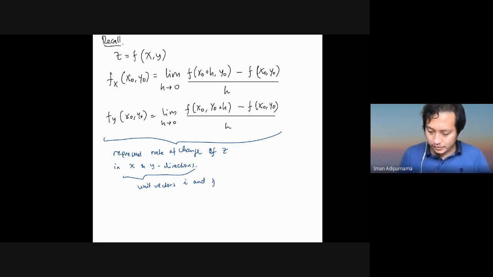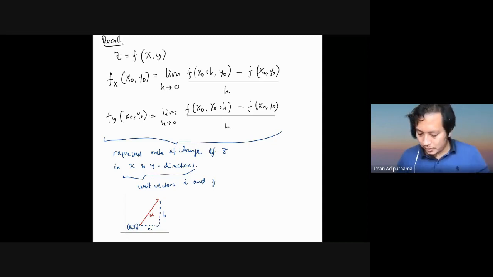So if you have a unit vector, let's say this is a and b, and this is the initial point. Now you have the unit vector a, b.